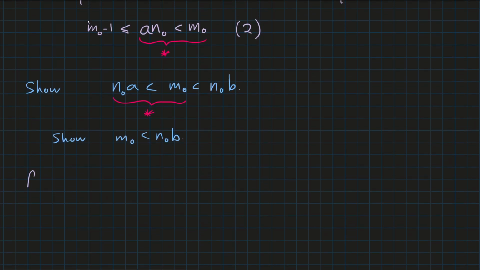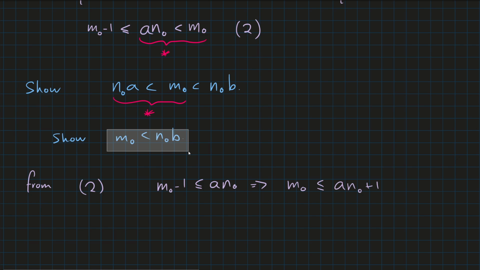So from 2, m naught minus 1 is less than or equal to a n naught. So from this we get that m naught is less than or equal to a n naught plus 1, which is what we're trying to show. Somehow I want to show that that is strictly less than n naught b.